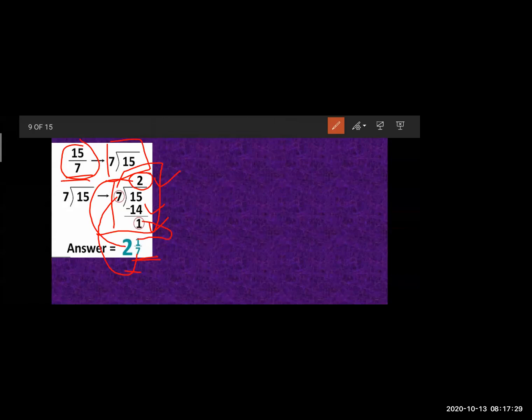So the answer will be 2 1 upon 7. This is the mixed number that we got from the fraction 15 upon 7. It was a fraction, 15 upon 7. We divided it and then got the mixed number. That is 2, an integer, and 1 upon 7 is a fraction.